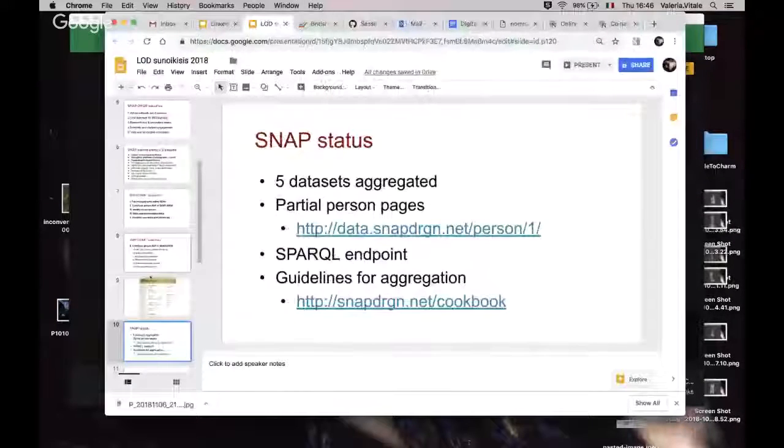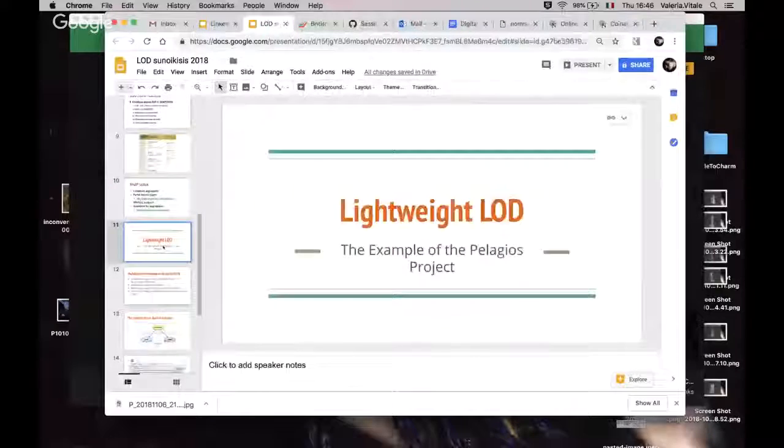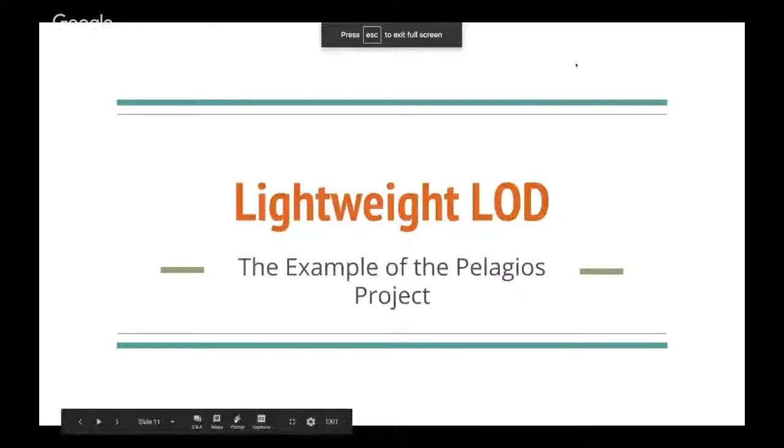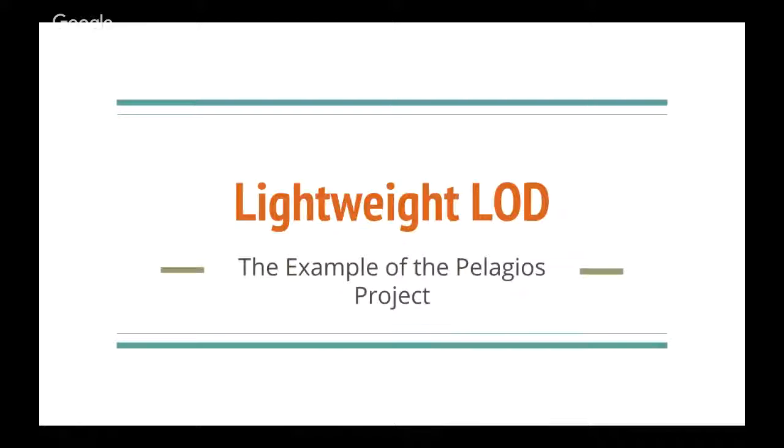Okay, what I want to talk about is not much Pelagios, because we really have talked a lot about that already, but using Pelagios as an example of an approach to linked open data for cultural heritage, which is what is called, let's say, a lightweight approach to linked open data.